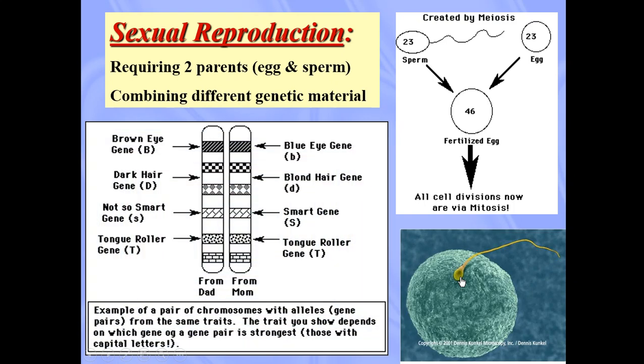Okay, so yan. So, this is more of a genetics. So, for example, ito yung sa from mom na chromosome. So, ito brown eye, yung kay dad. Yung kay mom naman, blue eye. Okay? So, dark hair, blonde hair yung kay ma'am. Kasi magkaiba naman sila, ma'am and dad. Not so smart, smart.